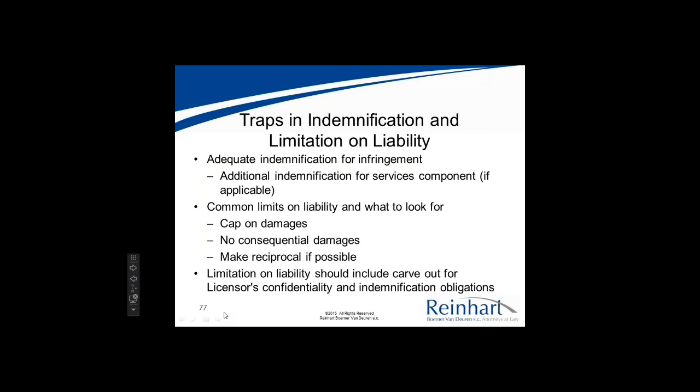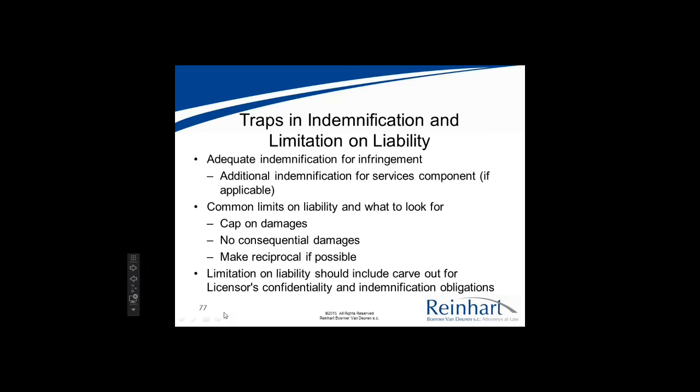Tip 3, indemnification and limitation of liability. Any software license, really any agreement that involves the access of intellectual property, should have an infringement indemnity. I don't think we see a lot of agreements without it, so mostly it's a matter of negotiating the scope of it.